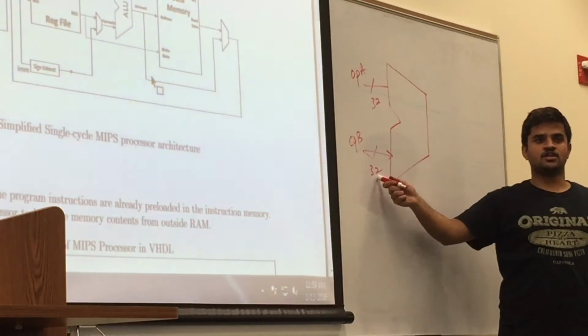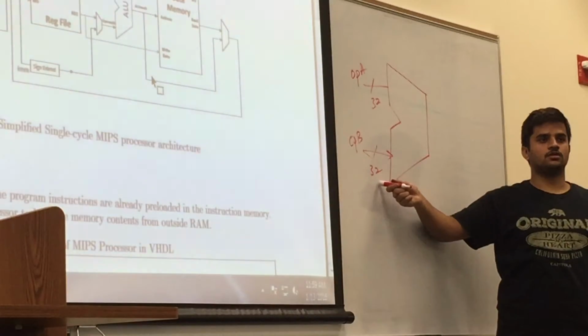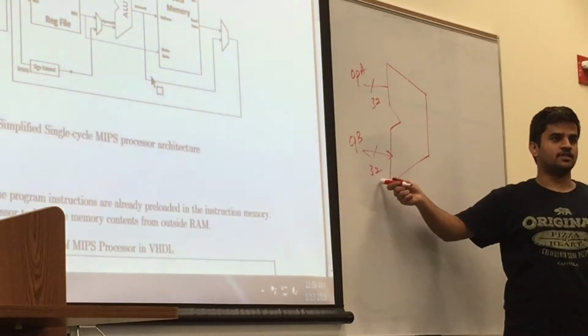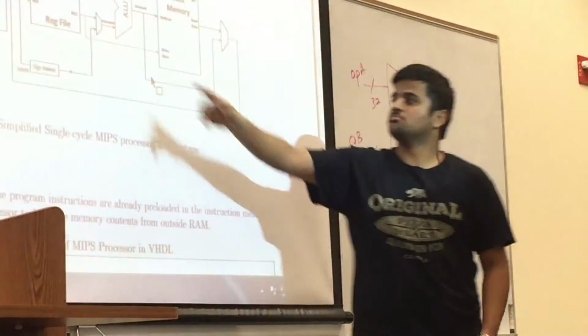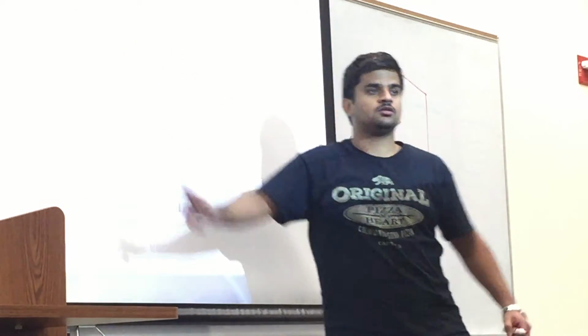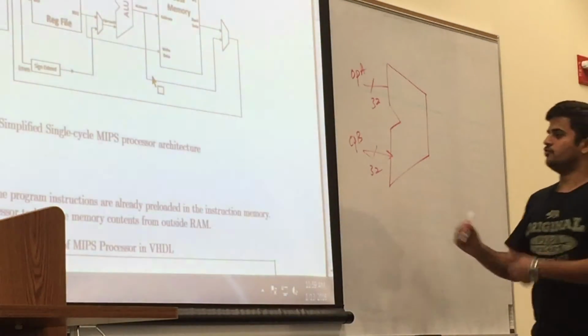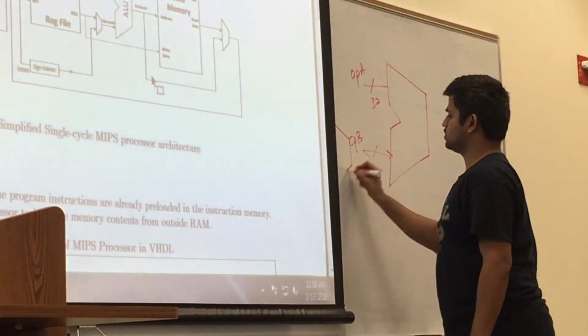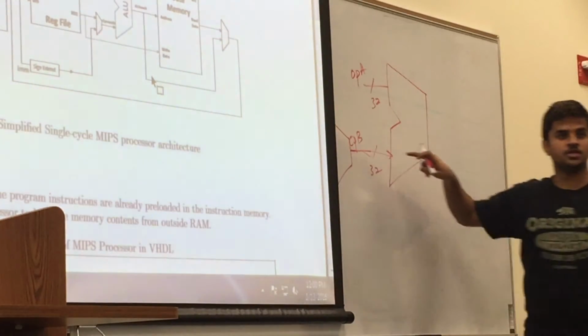This can be either an immediate value or the value from our instructions. That depends on the mux output. So we had the mux over here, and the output is operand B.